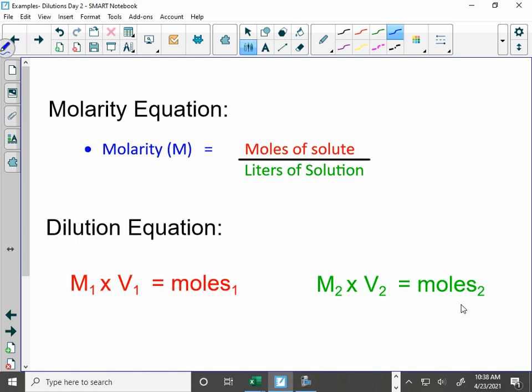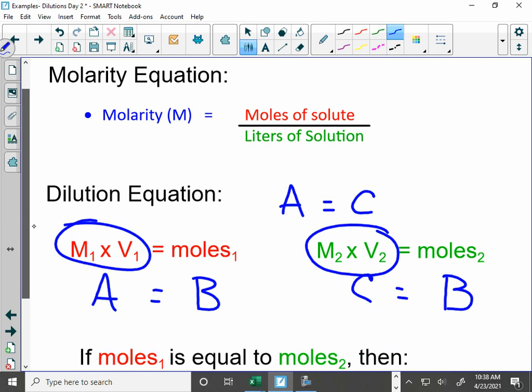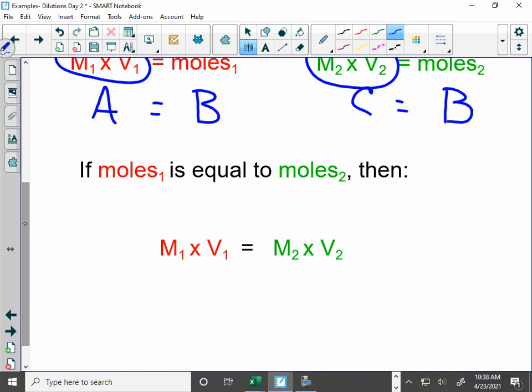But if I say A is equal to B, and B is equal to C, that tells me that A is also equal to C. So if A is the M1V1 and C is the M2V2, I can come up with my dilution equation right there: if the moles are both equal, then M1V1 is equal to M2V2.